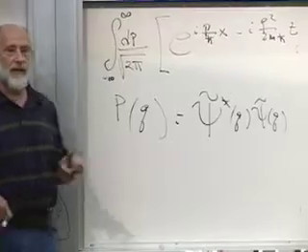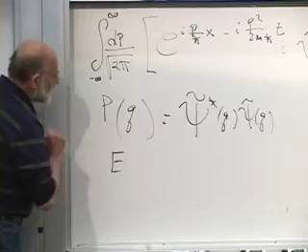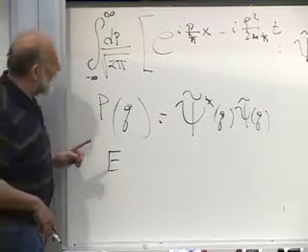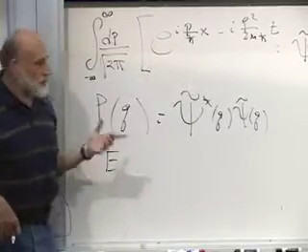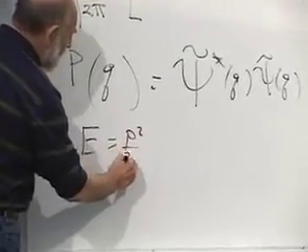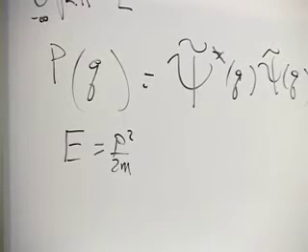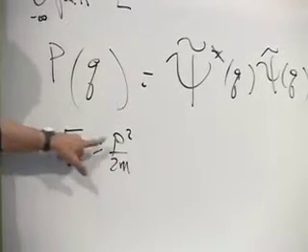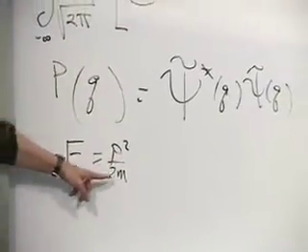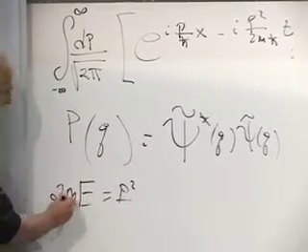What's the probability that the energy is E? Well, you get two contributions with the same energy. You first write E equals p squared over 2m. That tells you what p to look for. If I want the probability that the particle has energy E, I look for those pieces of the wave function where the momentum satisfies p squared over 2m equals E. In other words, I look for p squared equals 2mE.